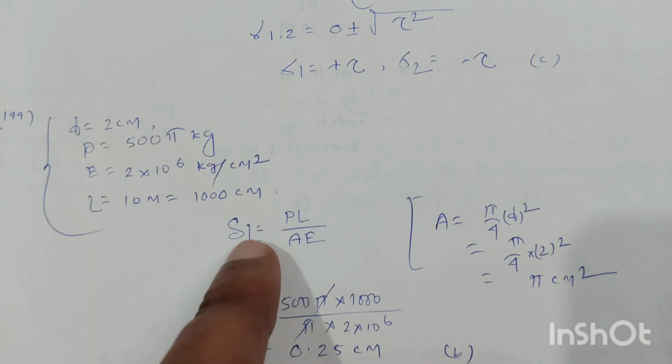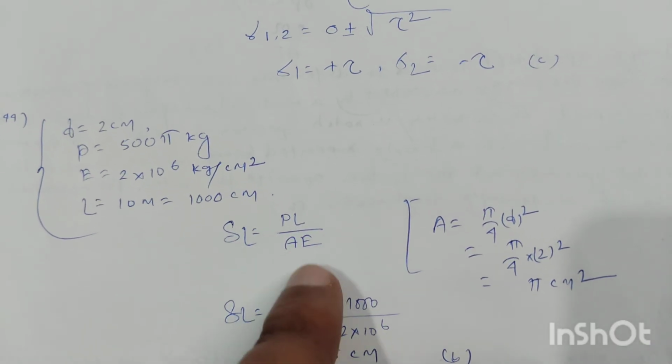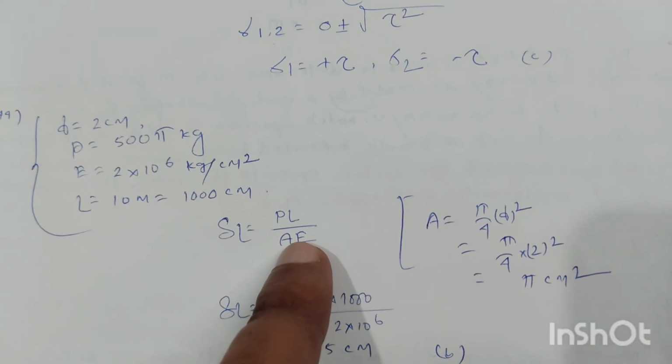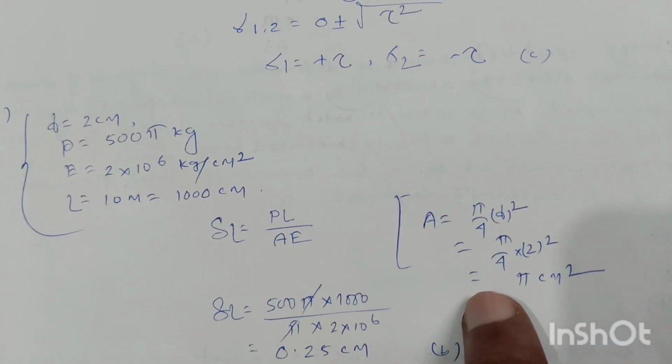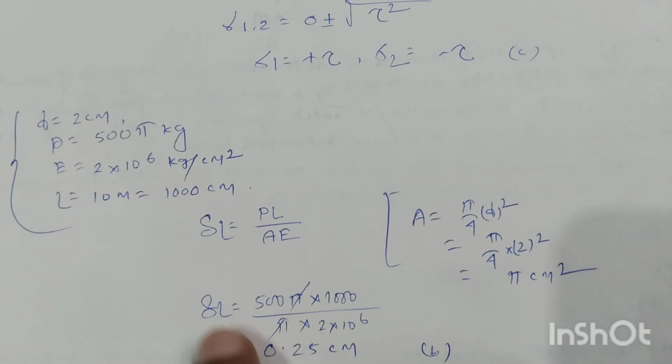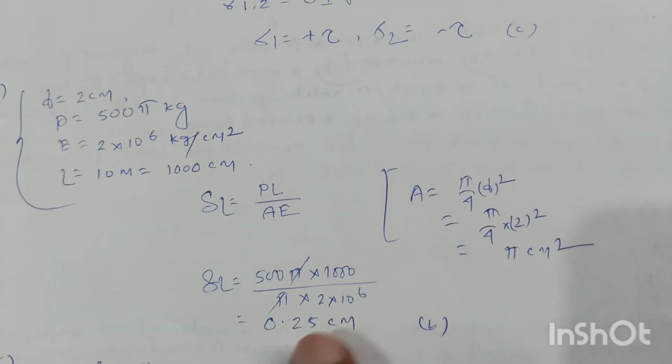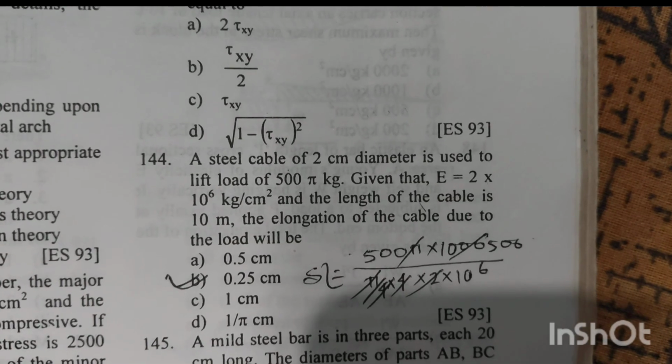The formula for elongation del L equals PL by AE. A is the cross sectional area of the cable, so A will be pi by 4 into d square, and A will be equal to pi centimeter square, and del L by putting all the values is 0.25 centimeter. And B is the right answer.